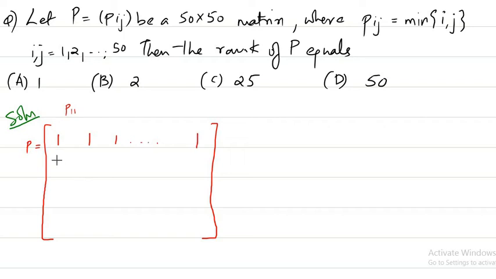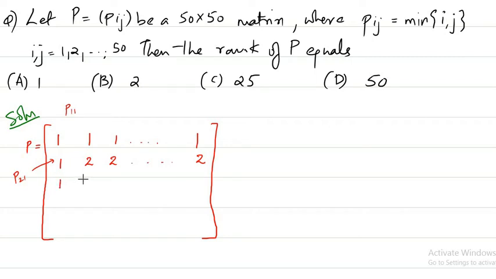Now here we have an entry known as P21. The minimum of 2 and 1 is 1. But when you come here, we have P22. The minimum of 2 and 2 is 2. Then we have P23. The minimum of 2 and 3 is again 2, and all the remaining entries will be 2. Now for P31, the minimum of 3 and 1 is 1.